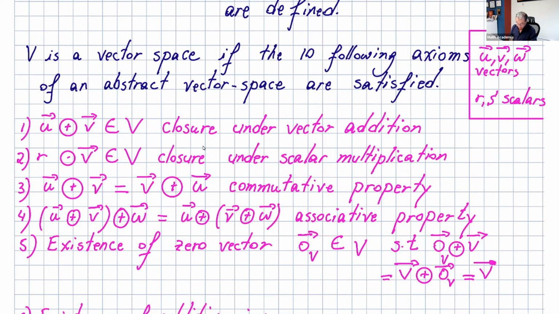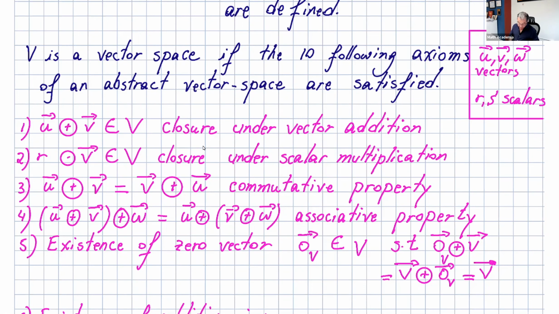Existence of zero vector: zero is in V, and you show the zero vector by putting an arrow on top of zero, such that the zero vector plus a vector in V, or V plus the zero vector, is just that vector.